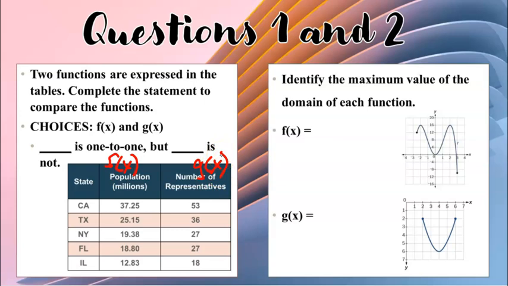Now, a quick review of one-to-one functions. For a one-to-one function, one x value has to be matched up with exactly one y value. And if I go in the other direction, one y value has to have exactly one x value. So if I have the states as my x's, then the y is going to be the population and the number of representatives.